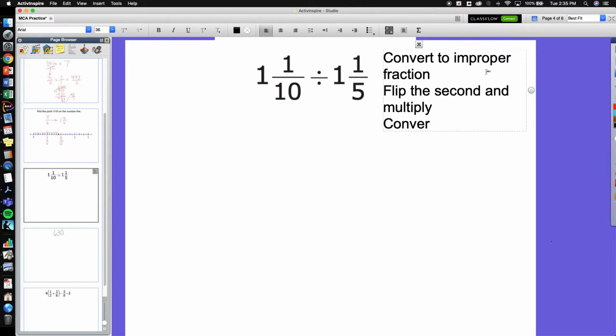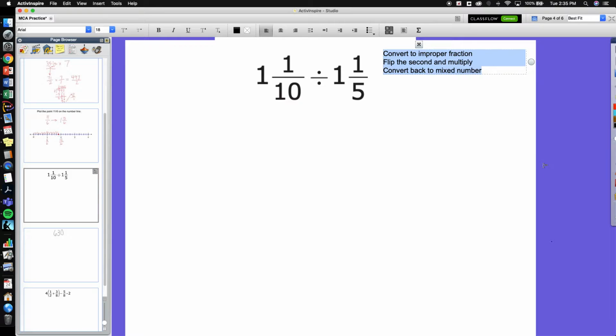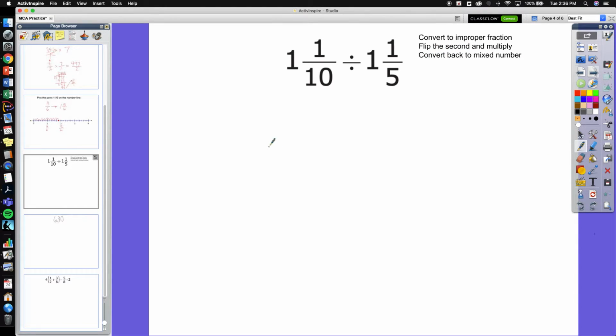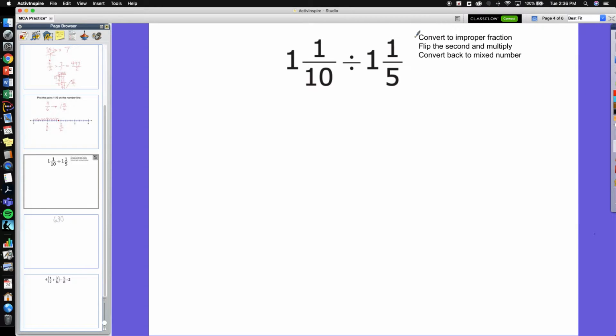Then we convert the answer back to a mixed number. So I'm going to make that a little bit smaller, but those are our steps there. So first, converting to an improper fraction.